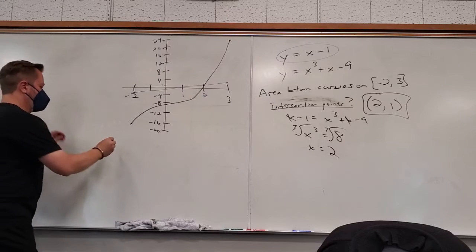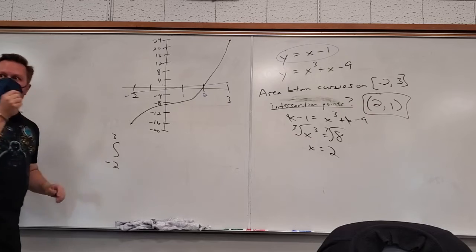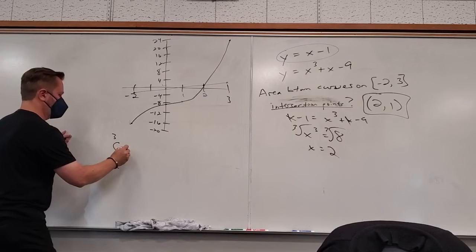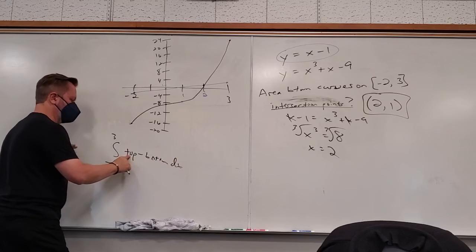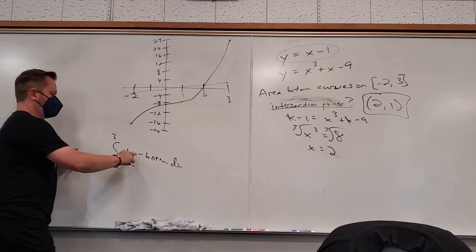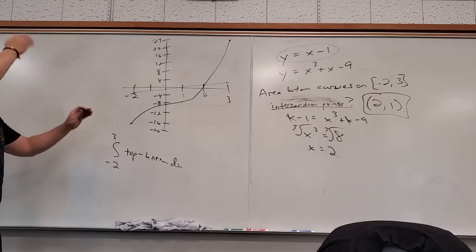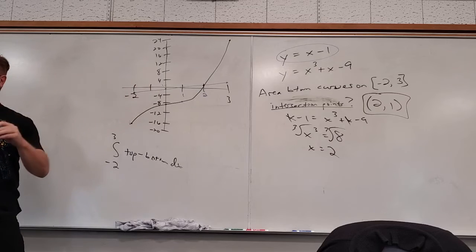I can't quite do this because there's a point where things change. I want this to be top minus bottom. Is there a function on top from -2 to 3? No, because at 2 they change.